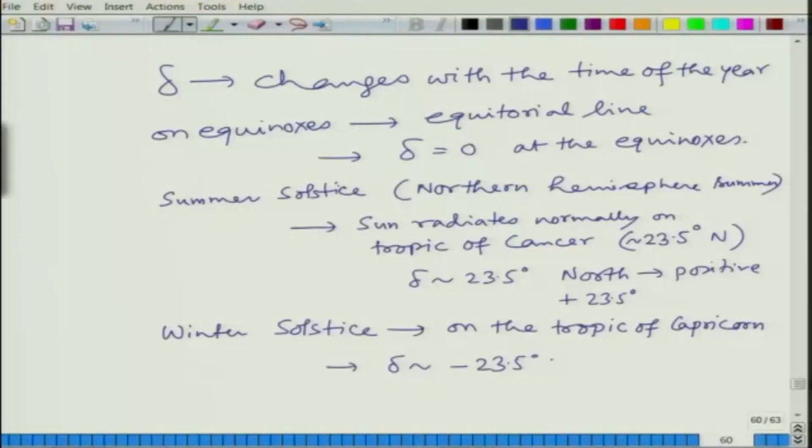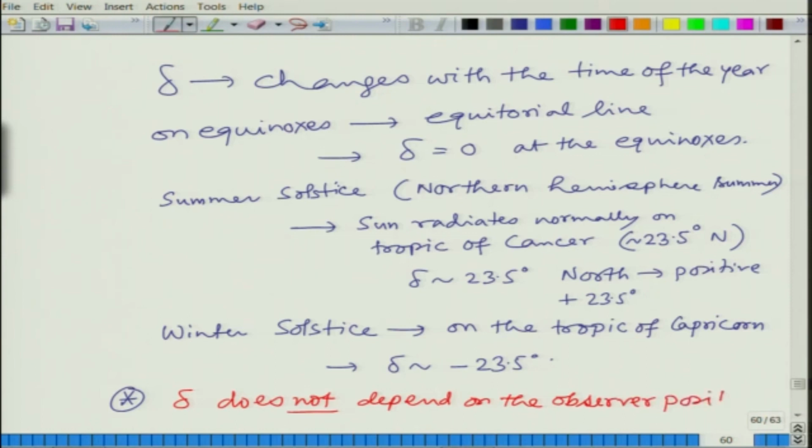Okay. So, one major thing I want you to note is that declination angle does not depend on the observer position.